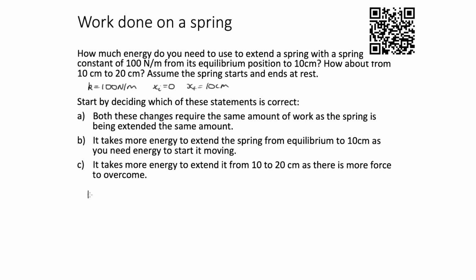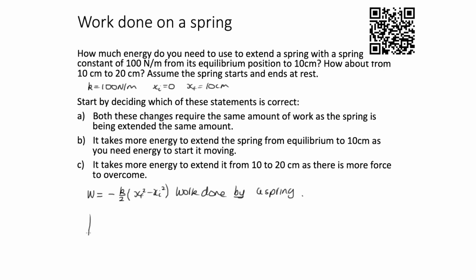So we just showed that the work done by a spring was given by minus k on 2 times (x final squared minus x initial squared). So this is the work done by a spring.